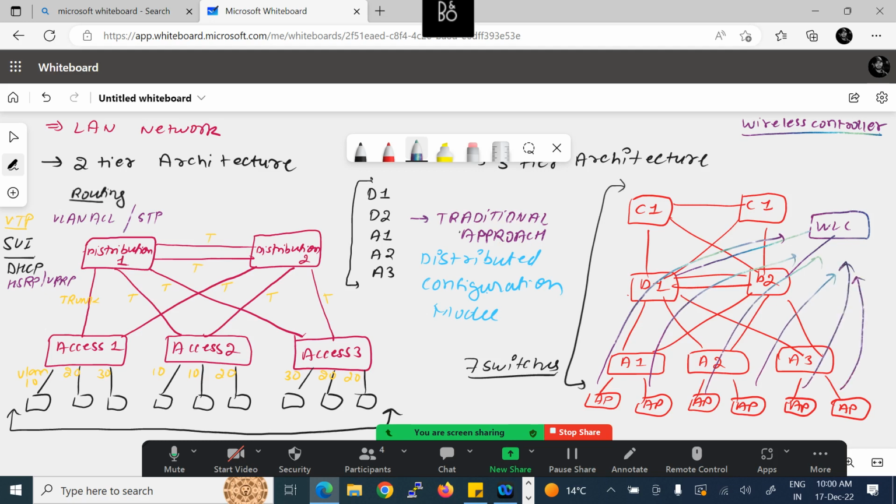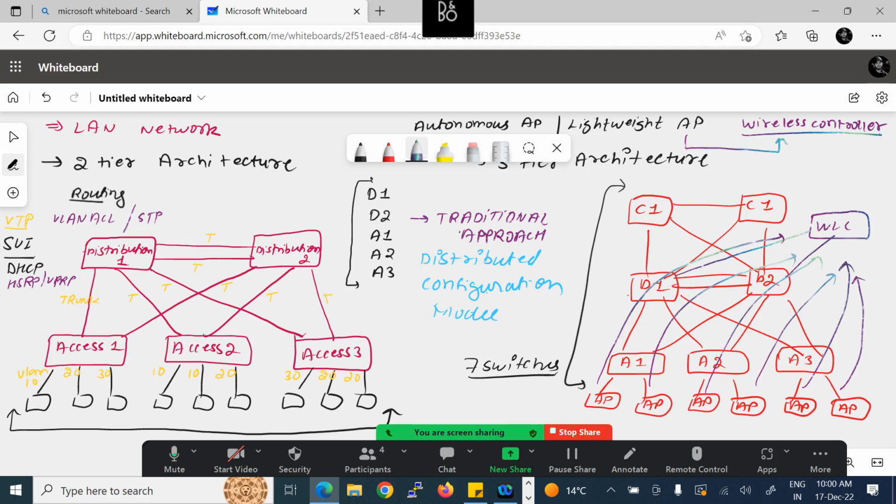We'll discuss it because we have two types of access point: autonomous access points and lightweight access points. A WLC is required for the lightweight access points.